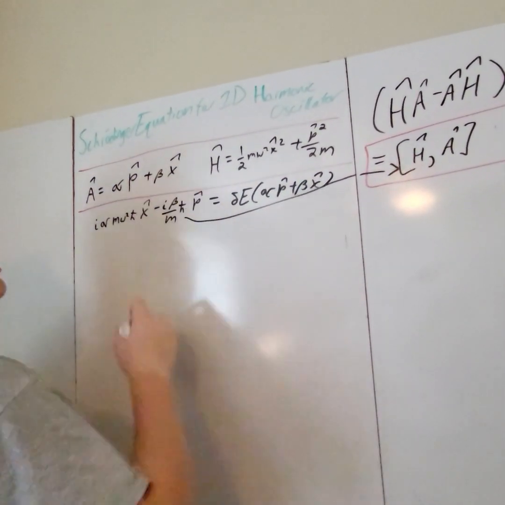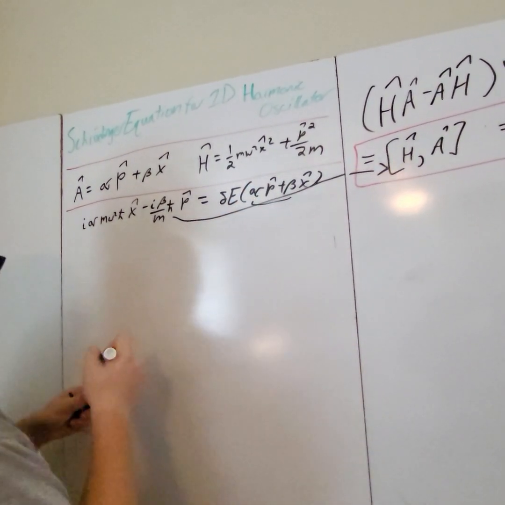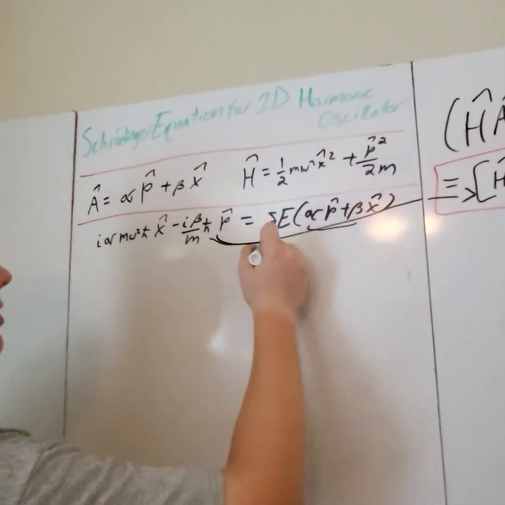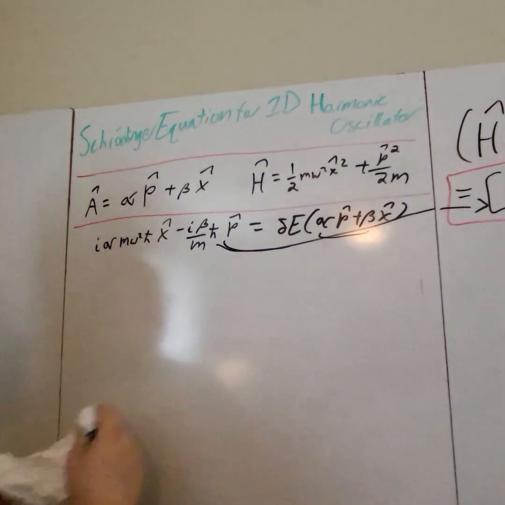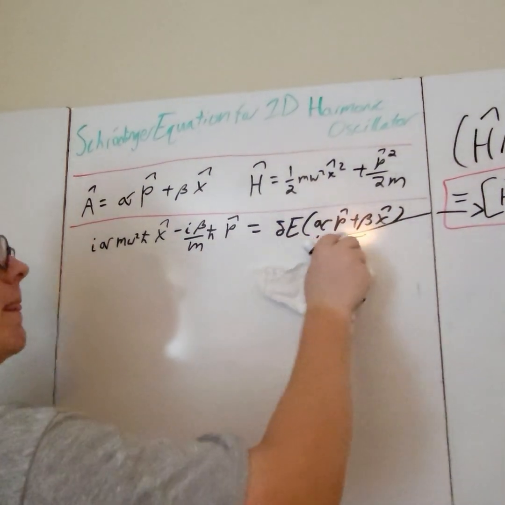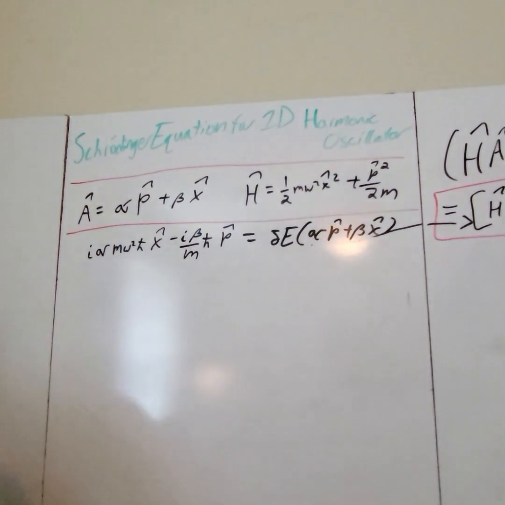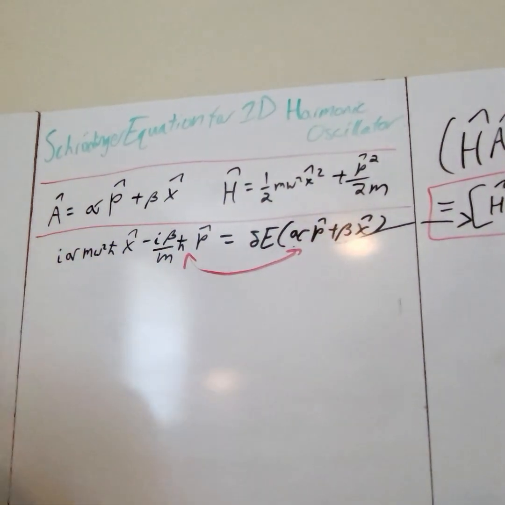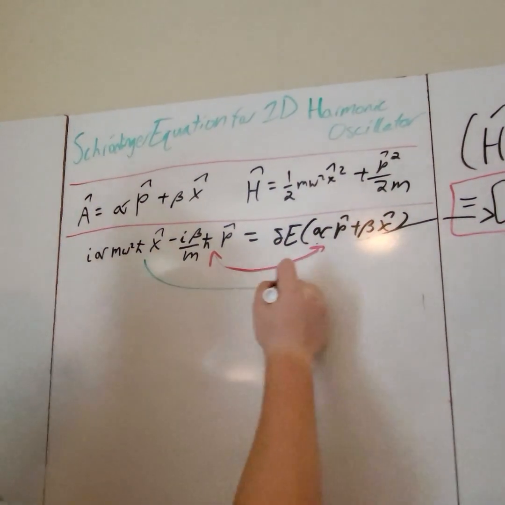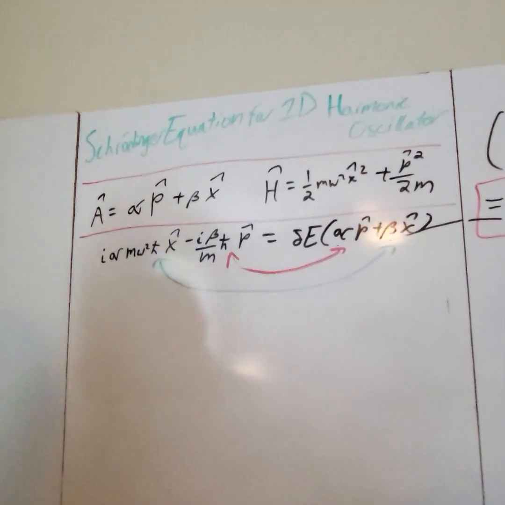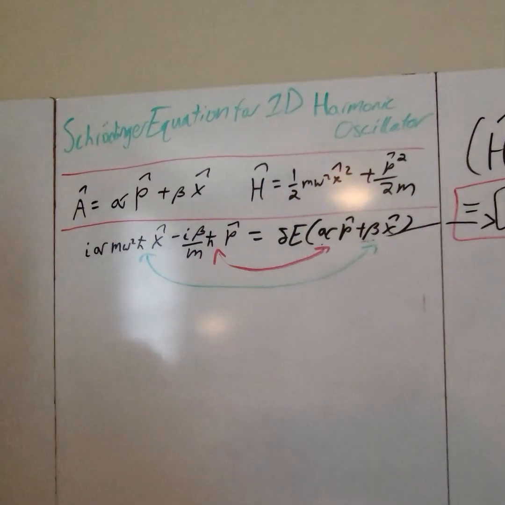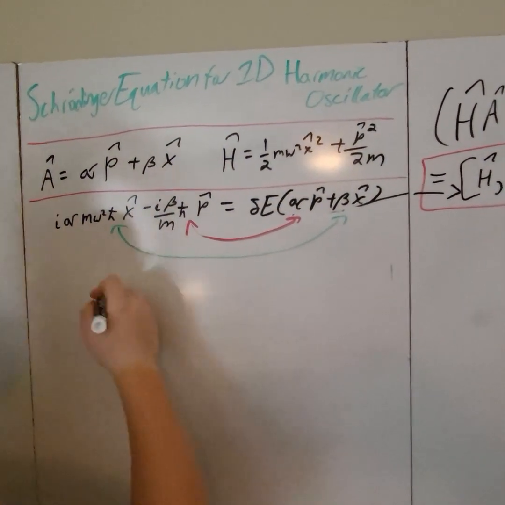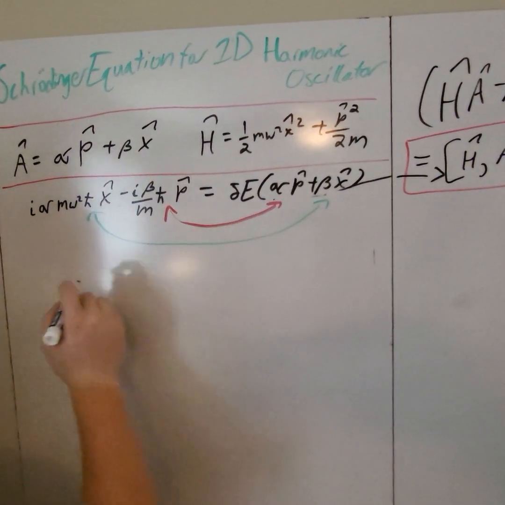Now we're going to equate the momentum operator terms and our position operator terms, and equate the factors on them, because they're both of the form a times x plus b times p. In general, a constant times x plus a constant times p.